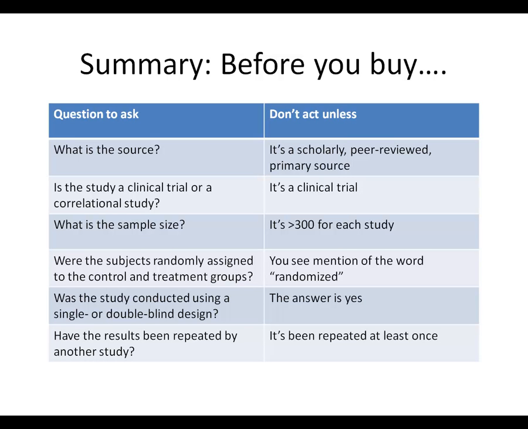So what I have put together is a list of 6 questions that you can ask yourself about information that you're getting. And once you ask those questions, you look for certain answers, and you can use those to make a decision as to whether or not you should act and how you should act.